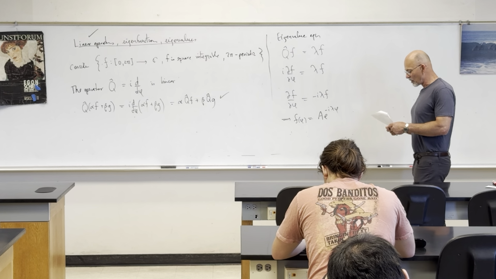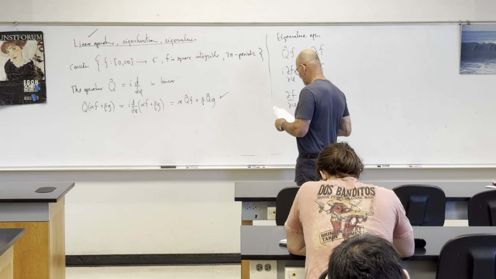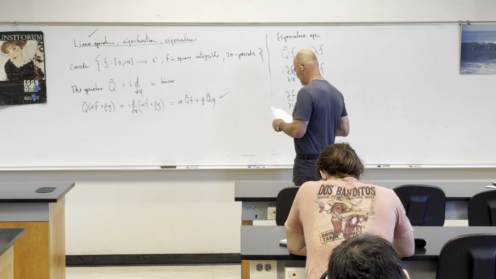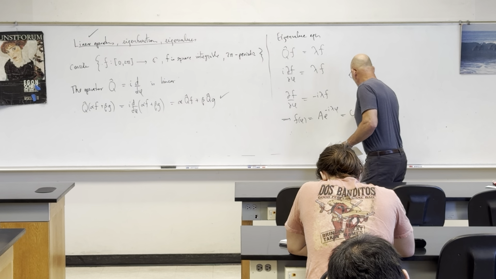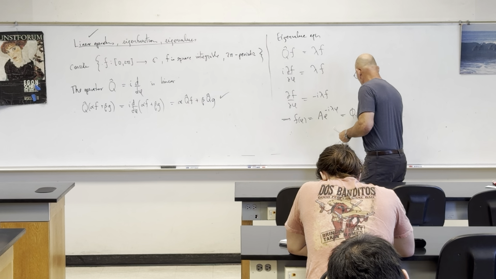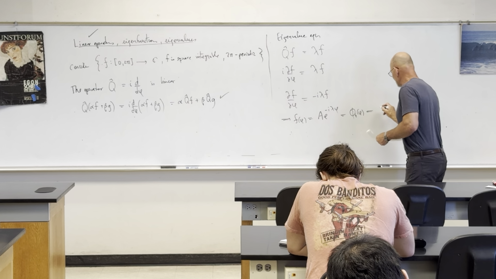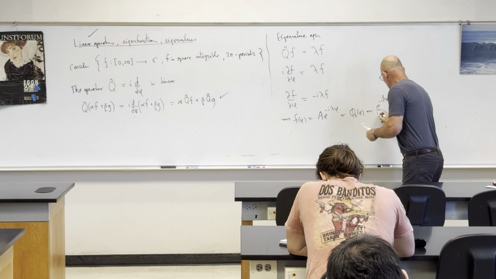So if I want, I can normalize it. I'm going to name these, the way Griffiths does, phi sub k of phi, and I'll normalize it, so I'll have e to the minus i k phi over root 2 pi.